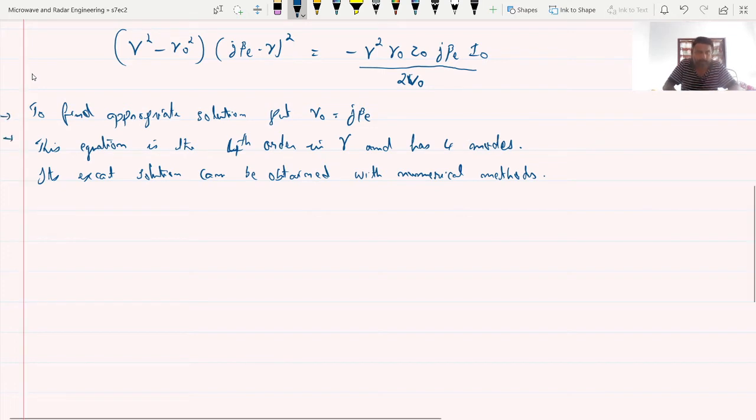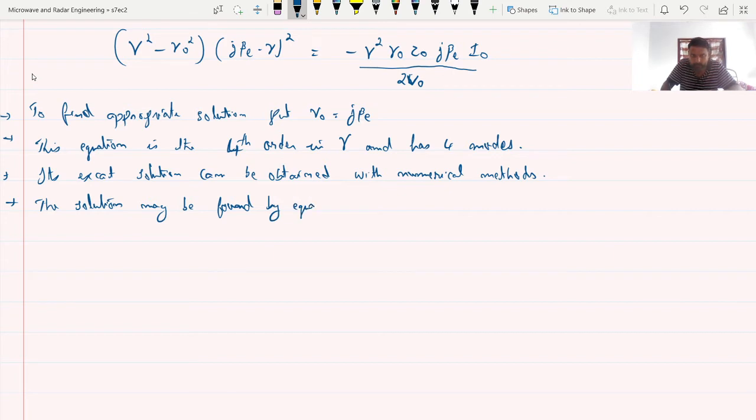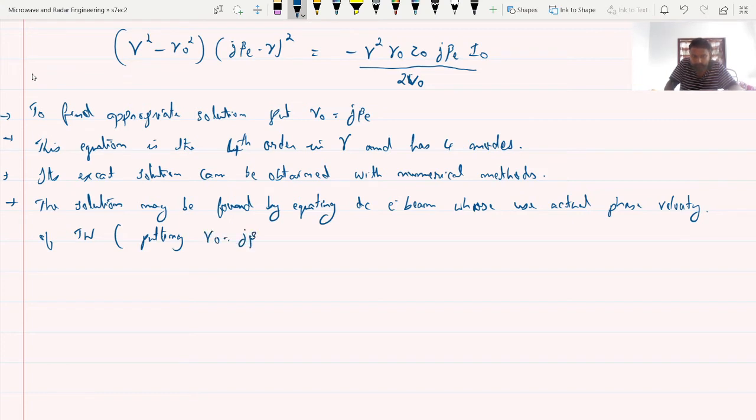The next point is that the solution may be found by equating the DC electron beam velocity to the actual phase velocity of the traveling wave, that is, putting gamma naught equal to j into beta e.